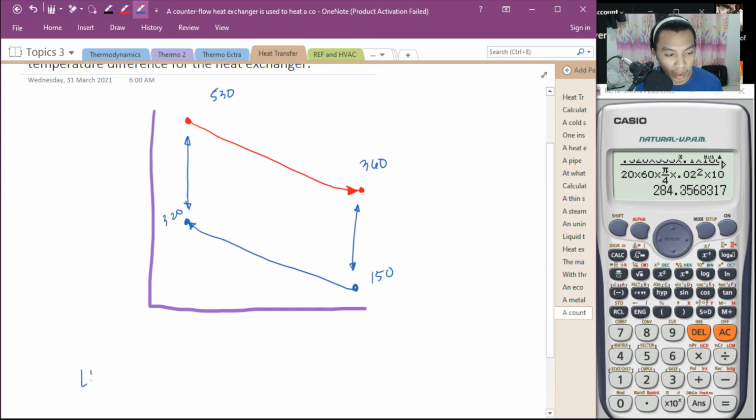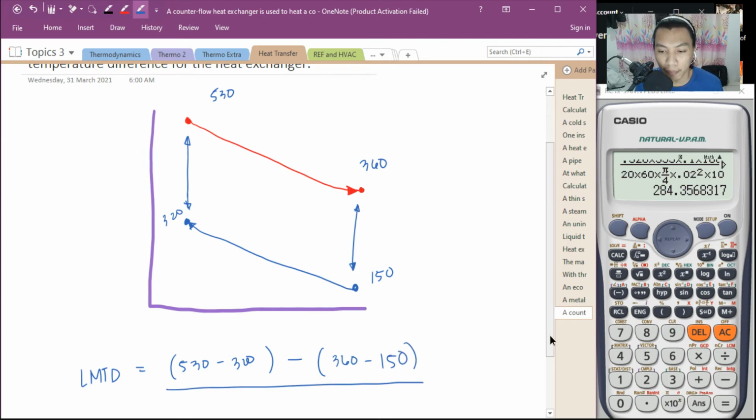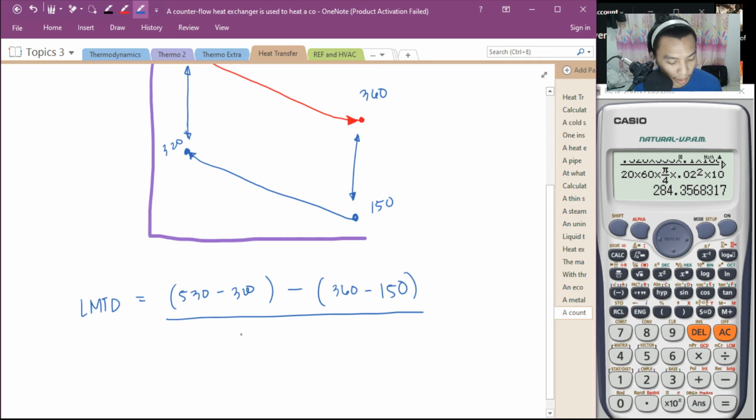LMTD. Yan. So, this is 530 minus 320 minus 360 minus 150 divided by ln of 530 minus 320 divided by 360 minus 150.